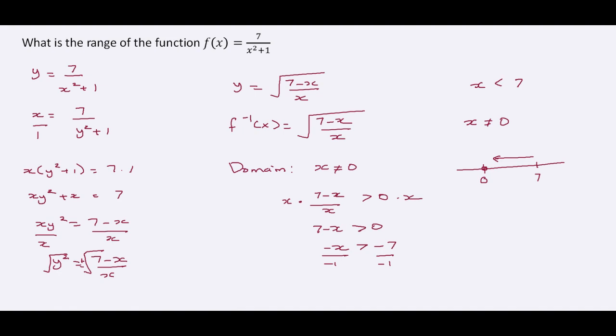So we're going to have a situation where we have 0, 7. That's going to be the domain of the inverse function. So the range of f of x equal to 0 to 7.